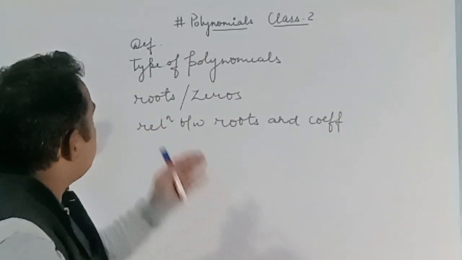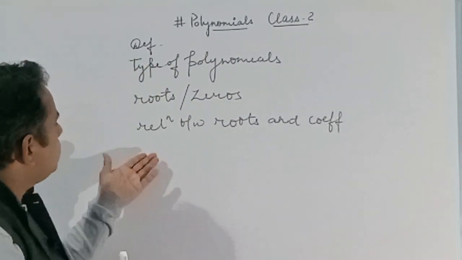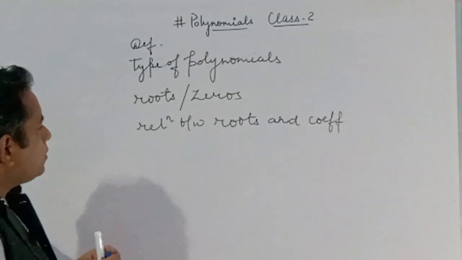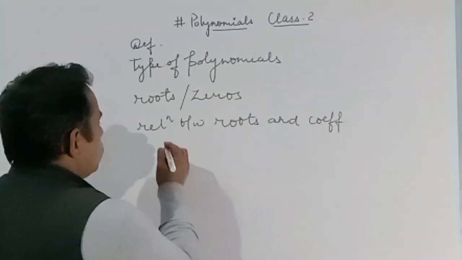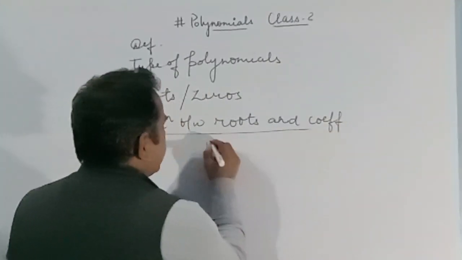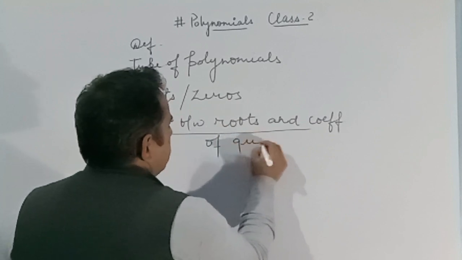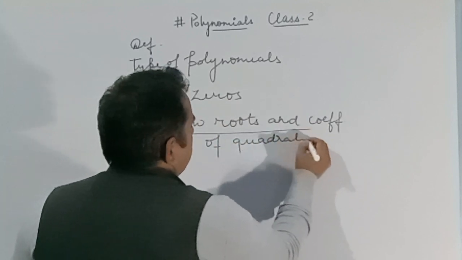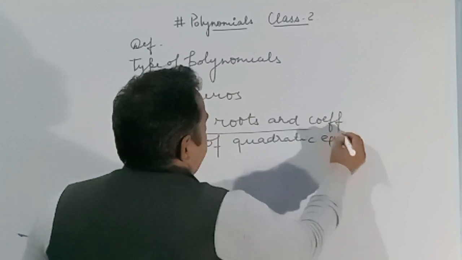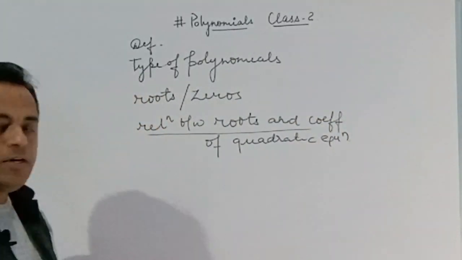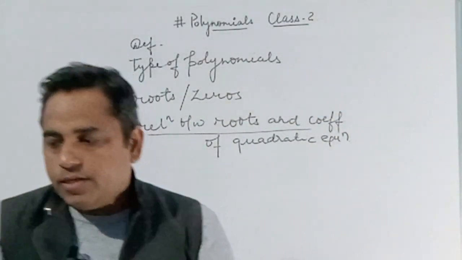Okay, so let's have the next one. I think we discussed the relation between roots and coefficients of a quadratic equation. What is still left are the cubic equation and the quartic equation.